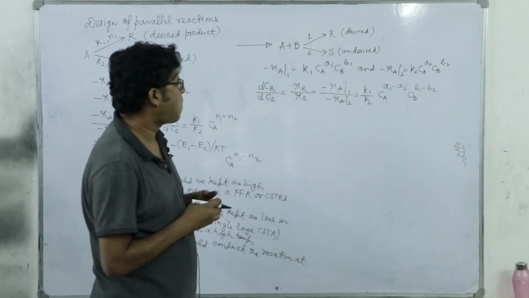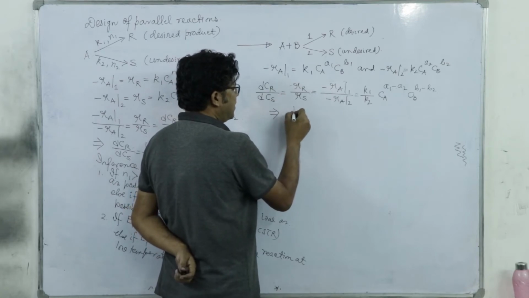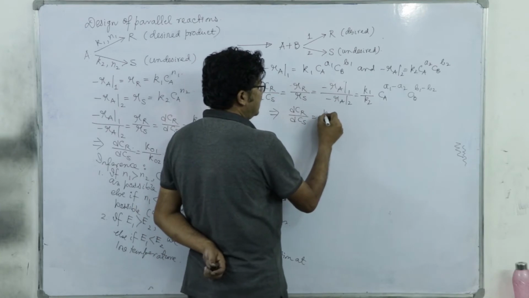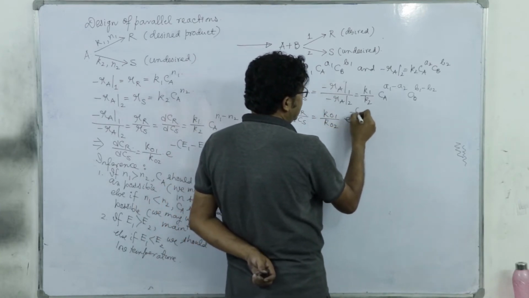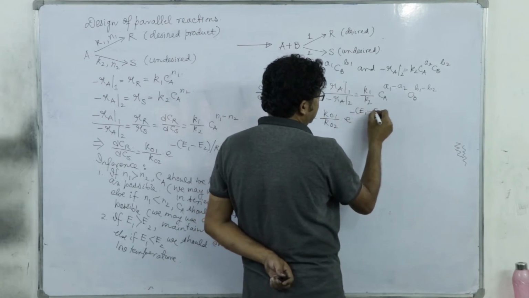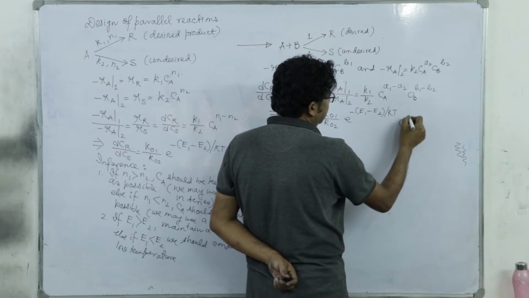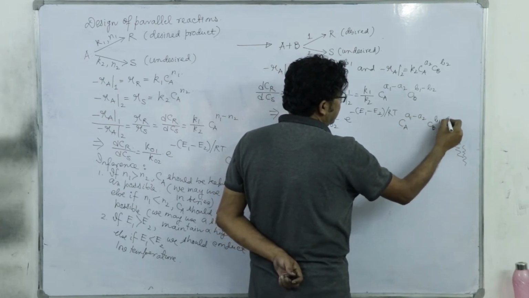Finally, in terms of temperature as well, it comes to be K01 by K02 e to the power minus (E1 minus E2) by RT, Ca to the power a1 minus a2, Cb to the power b1 minus b2.